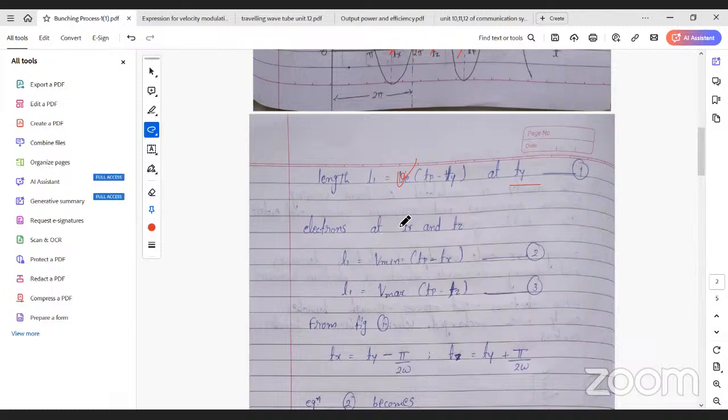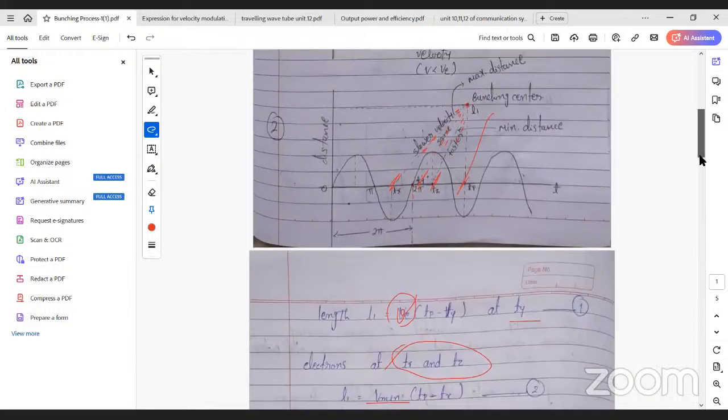The same equations I am writing in terms of Tx and Tz. And the velocity of the electron I am taking as minimum velocity and maximum velocity. Just see the diagram.